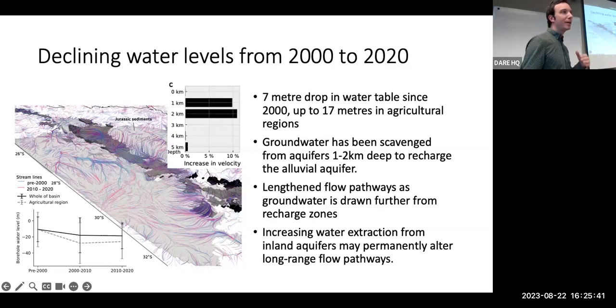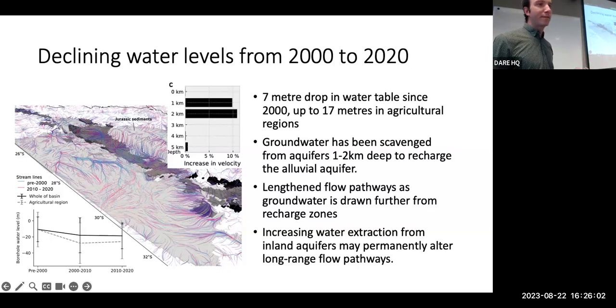And we can see that there's quite a strong departure from the pre-2000 data set in some regions, particularly in the agricultural region inland. So we find that groundwater has generally been scavenged from aquifers about 1 to 2 kilometers deep to recharge the alluvial aquifer.